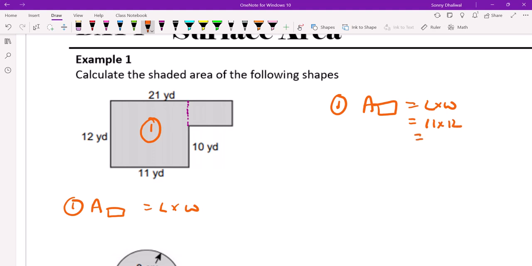Who remembers their 11 multiplications? 110, right? No. 132. 132, yeah. 132 centimeters square. So we know how big this one is. We need to figure out how big this is. We'll call this number 2. Okay?